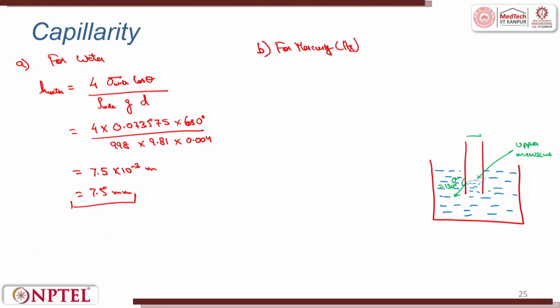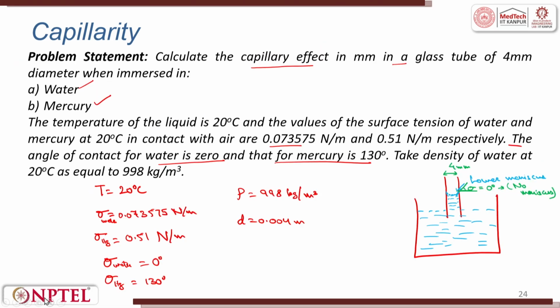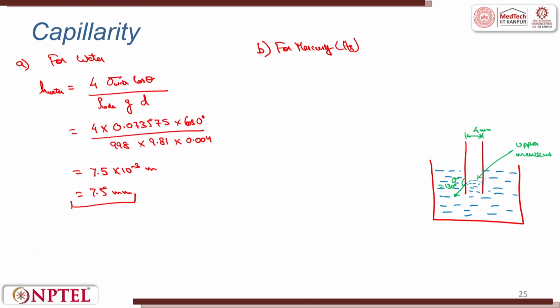This is again the 4 mm diameter of the tube. Now putting those values again, we have rho for water as 998. I will also put rho for mercury in kilograms per meter cube, it is 13600 kilograms per meter cube. And the same relation could be put here.